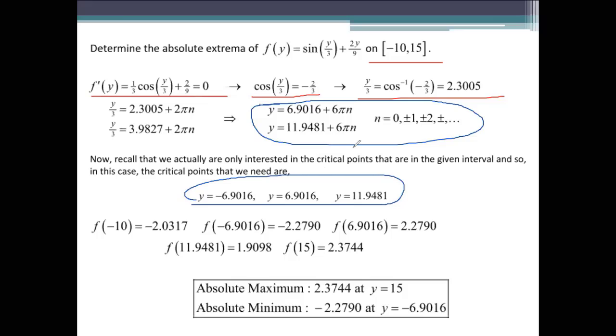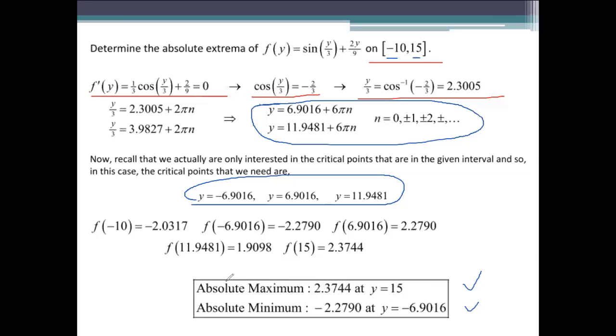Then we evaluate our function at these critical points and the endpoints of our interval, -10 and 15. We have the following values, and when we identify the largest and least, we get the absolute maximum at this point and the absolute minimum at this one.